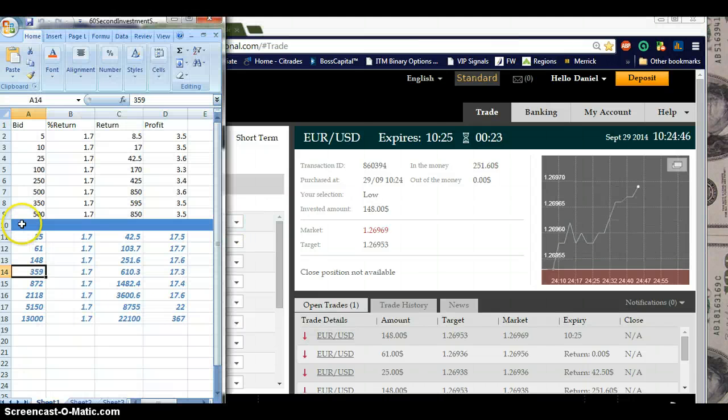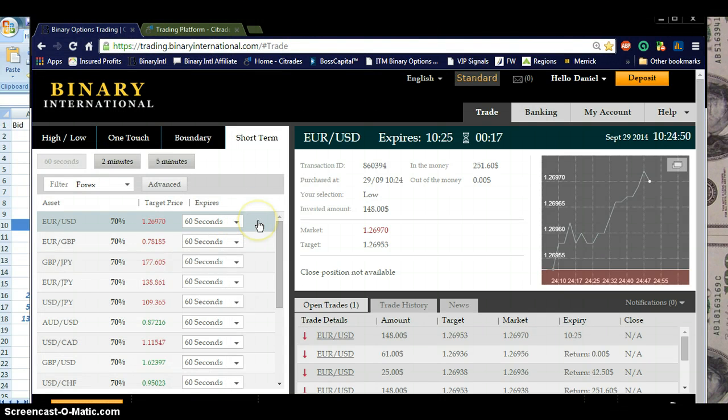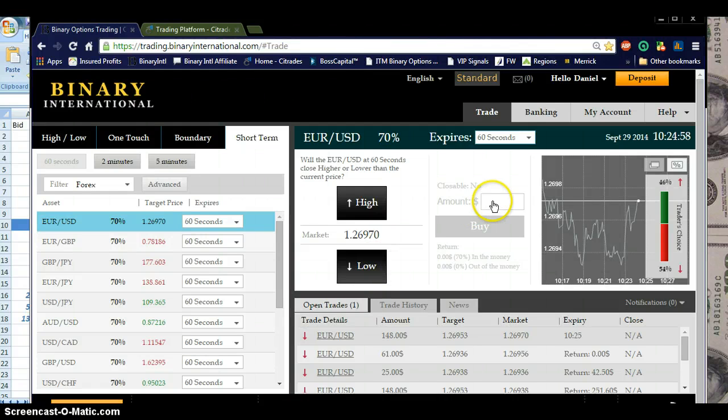So let's see. 359. All right. Alrighty, we're coming up to the minute. We're definitely going to be out of the money on this one, so I will prepare a low of 359. Buy on the minute. There we go.